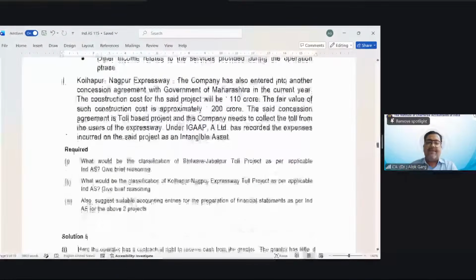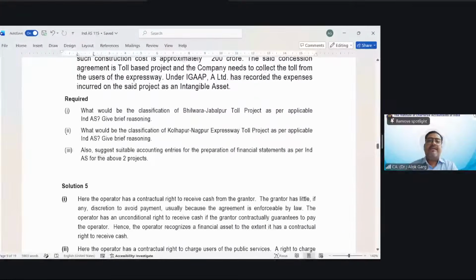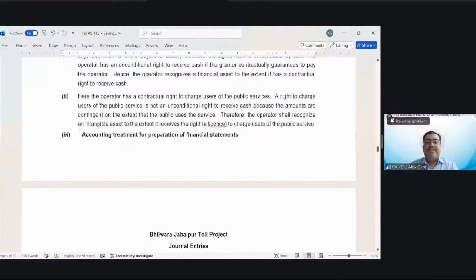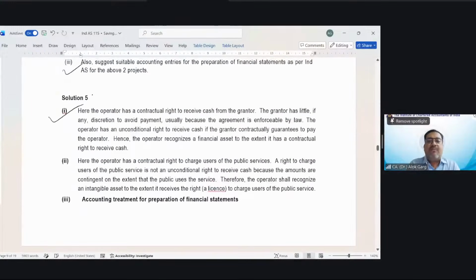My dear friends, if you go down, they are asking what would be the classification of the Bhilwara Jabalpur toll project as per the applicable Ind AS. Give brief reasoning. They are also asking for the accounting entries. In the first case, the operator has a contractual right to receive cash from the grantor.